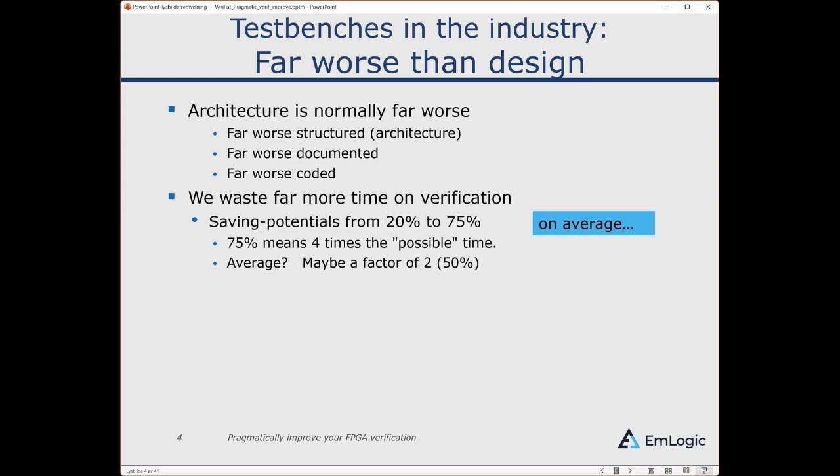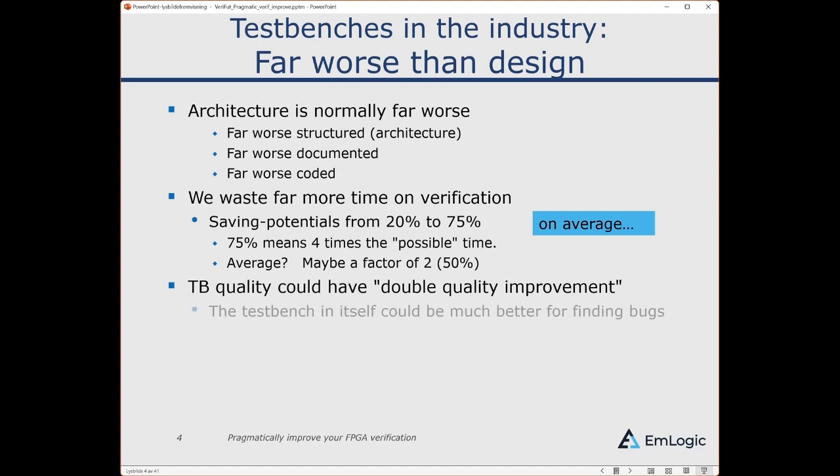I would say there's on average maybe an improvement potential of 50%, based on what I have seen in different companies and what I've heard from various designers. Also, I think the test bench quality could be significantly better, allowing the product, the FPGA, to be far better. And the test bench itself could be much better for finding bugs and that way being far more efficient.